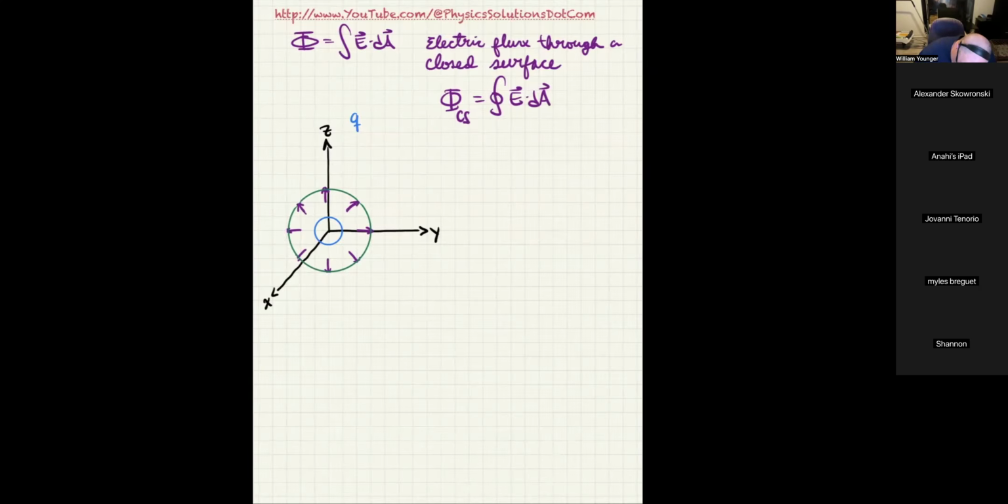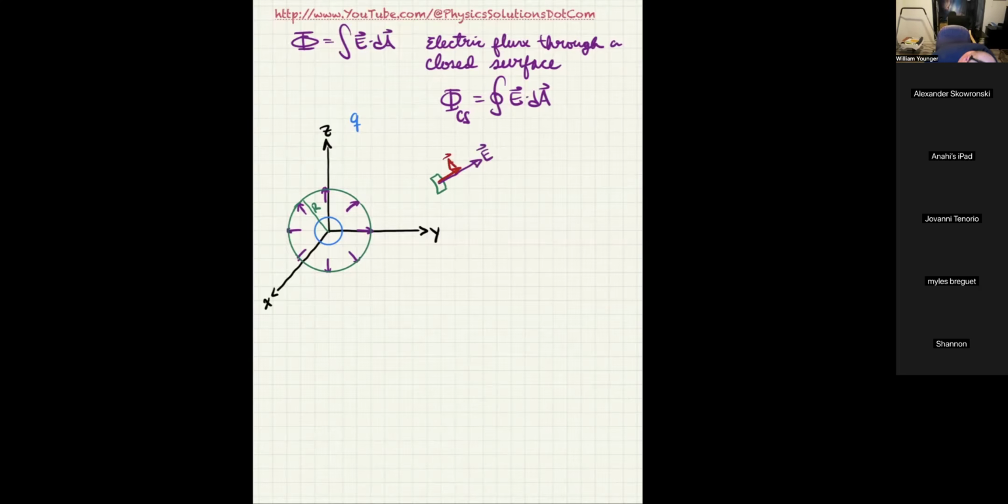Now, the sphere, we might say, has a radius, let's say R. So this distance from here to here is R. And what we've discovered is that if you looked at one particular chunk of area from that sphere, the area vector would point this way, and the electric field vector would point that way.